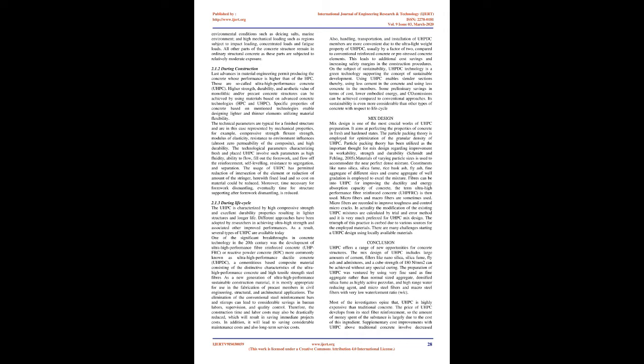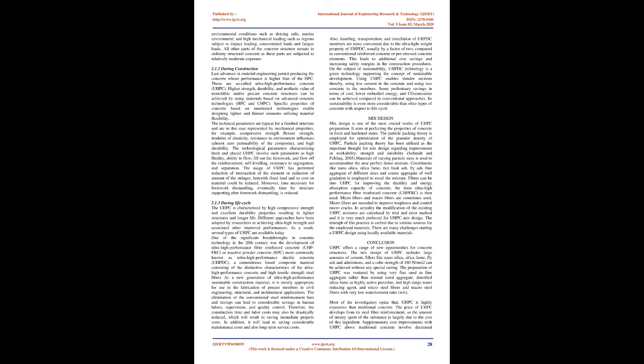2.1.2 During construction. Last advances in material engineering permit producing the concrete whose performance is higher than that of the HPC. Those are so-called ultra-high performance concrete, UHPC. Higher strength, durability, and aesthetic value of monolithic and/or precast concrete structures can be achieved by using materials based on advanced concrete technologies, HPC and UHPC.